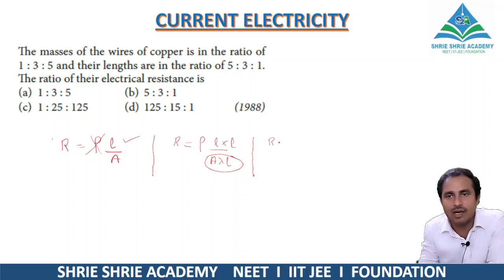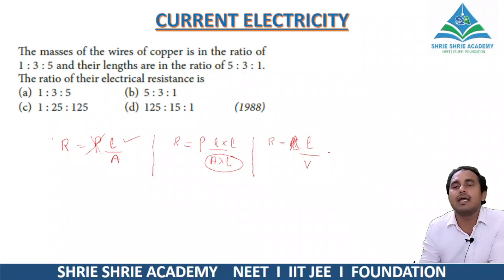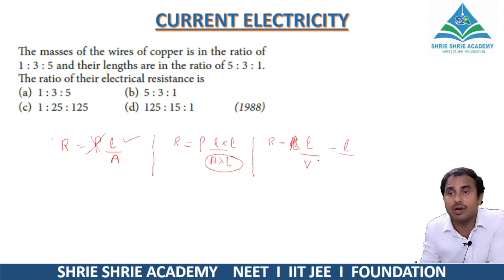Then R = ρL divided by volume, and the volume you can write as mass upon density.